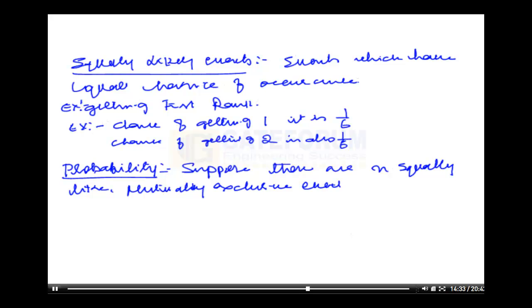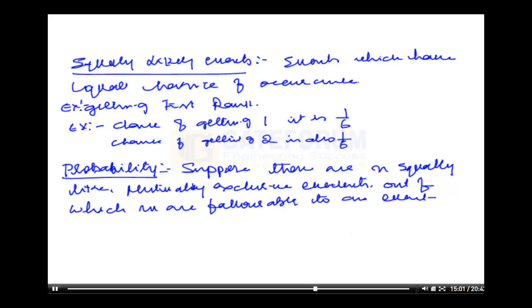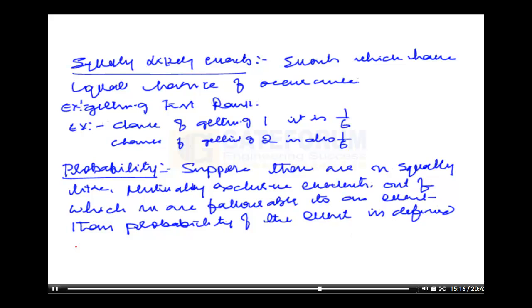Suppose there are n equally likely mutually exclusive events, and out of which m are favorable to an event, then the probability of the event is defined as follows.